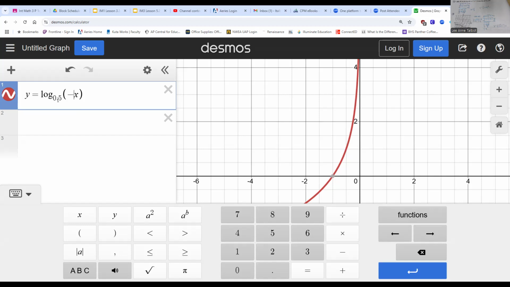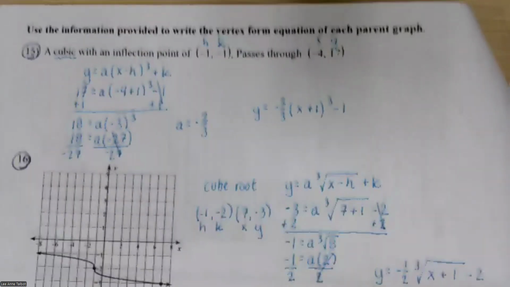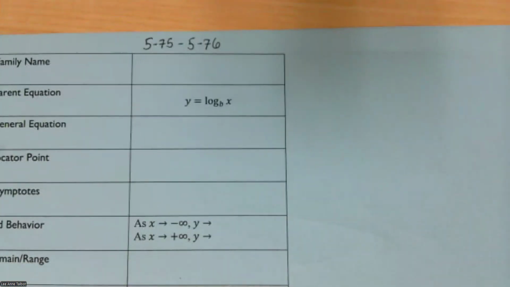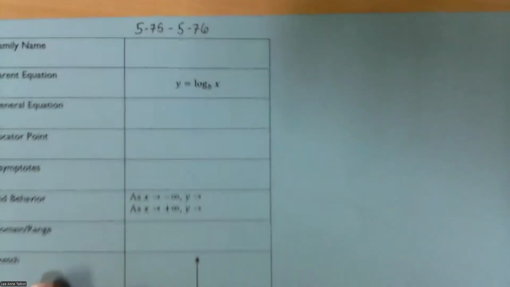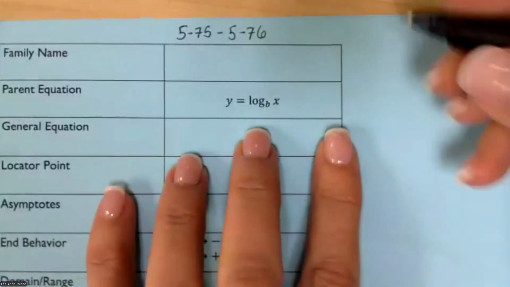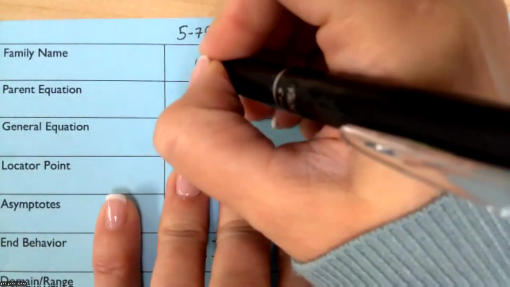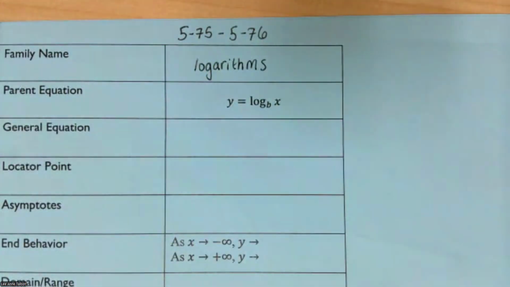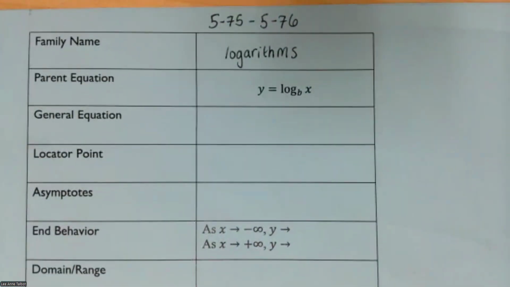Okay. So we're going to abandon ship on this. We're going to find our blue sheets. Find the last page. And we're going to start filling this out.